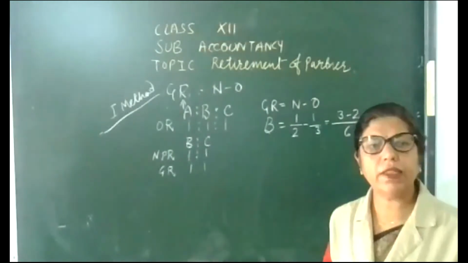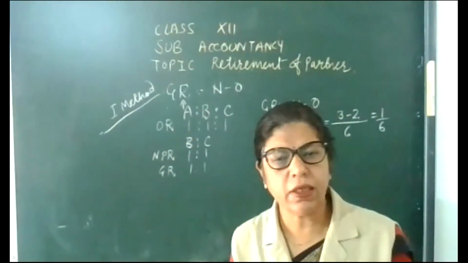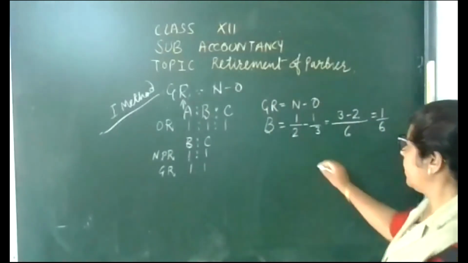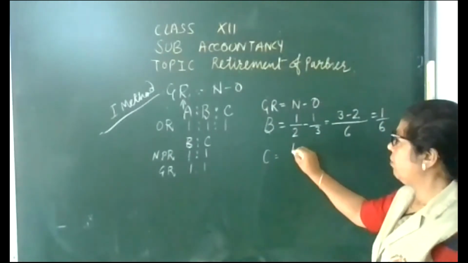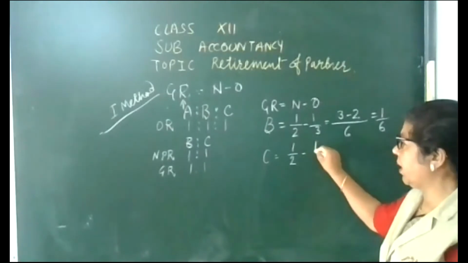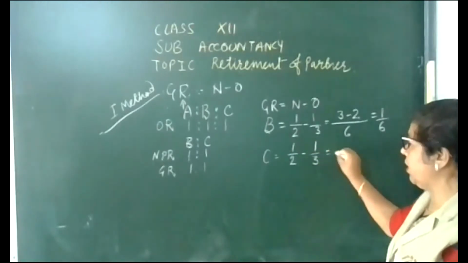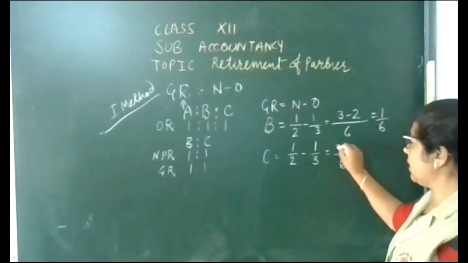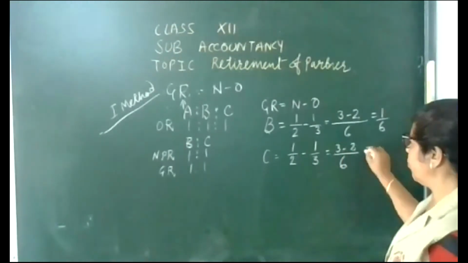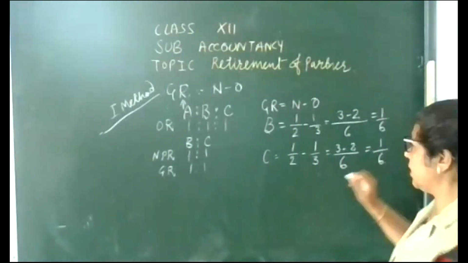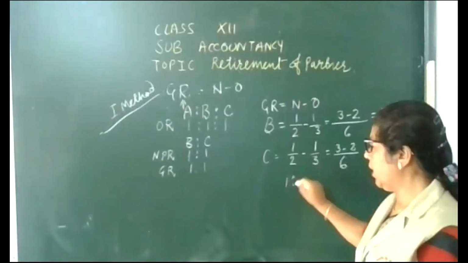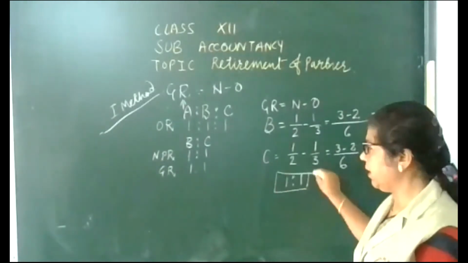Now who is the other remaining partner here? Yes. 1 by 2 minus 1 by 3, that is, with LCM 6, 3 minus 2, 1 by 6. So 1 is to 1 is the ratio.